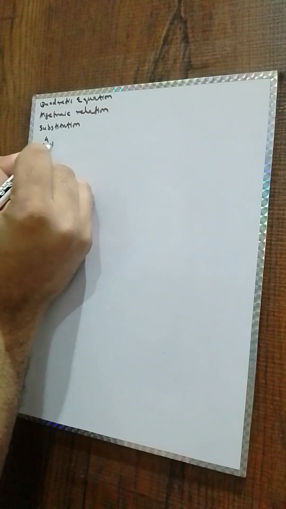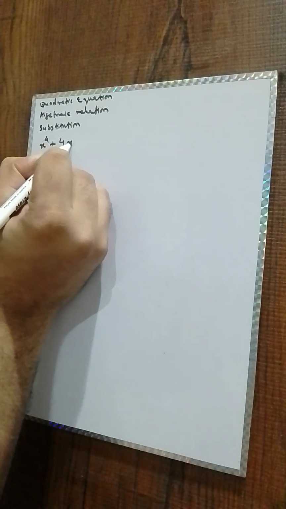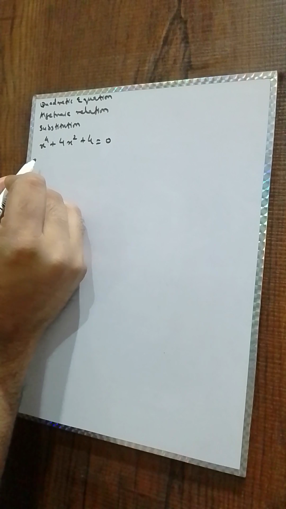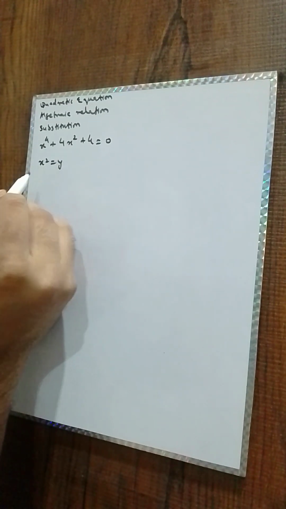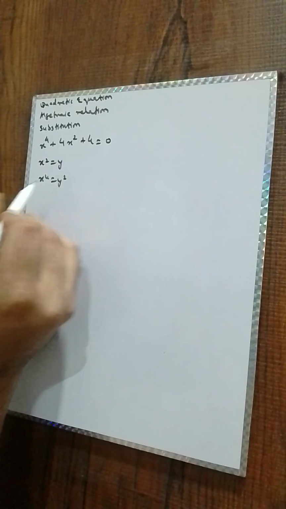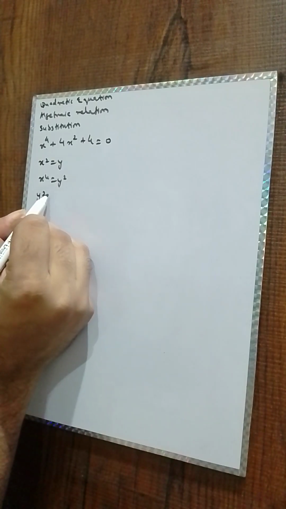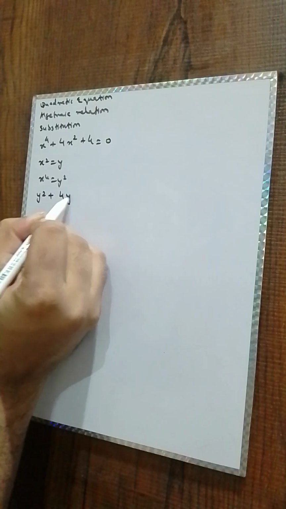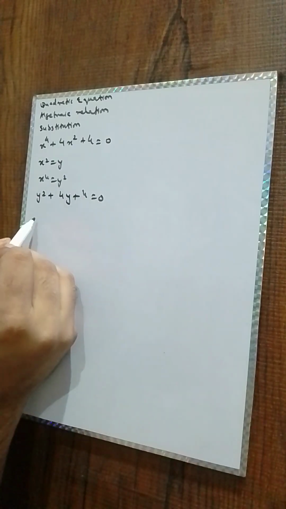Now this method, which is substitution. Okay, so in this method we have higher degrees. For example, x to the power 4 plus 4x squared plus 4 is equal to 0. So this is basically not a quadratic equation, but to make it a quadratic equation, we put x squared is equal to y, which gives us x to the power 4 is equal to y square. So we have a quadratic equation, but in terms of y, not x. Okay, so y square plus 4y plus 4 is equal to 0.